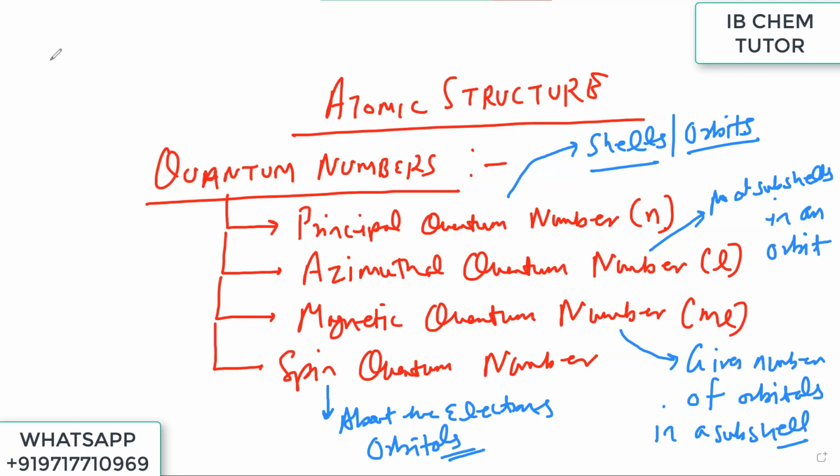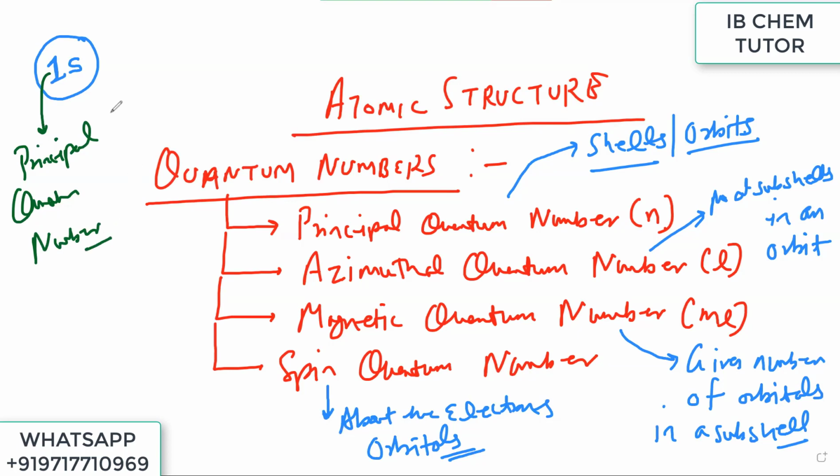So before moving further, I will take a simple example. If I take the simplest, 1s. Okay. So now if I take this 1s, here this 1 is your principal quantum number, and this s is your subshell. We will study further.